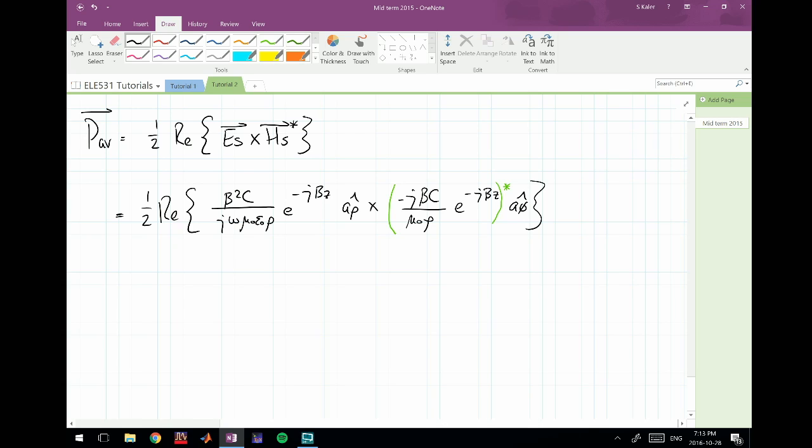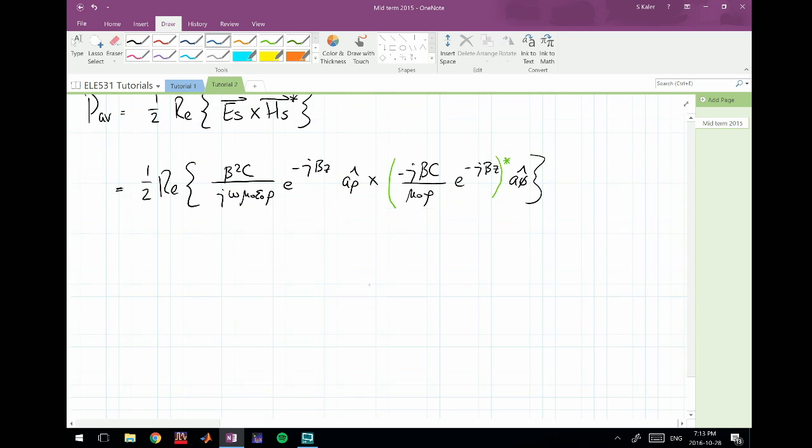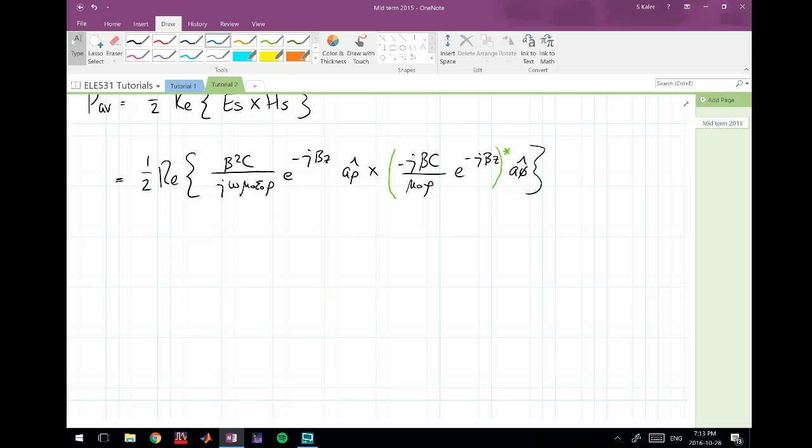Okay, so the complex conjugate of this thing just becomes what? What ends up happening is that this complex term is actually going to become positive. It's going to be e to the positive j beta z. And we also have to keep in mind that C has been told to us as complex as well. So C is going to be replaced by C conjugate. So we can start having fun and multiplying this thing across.